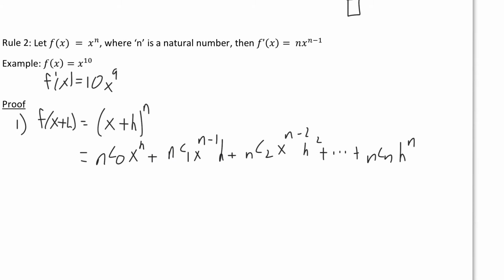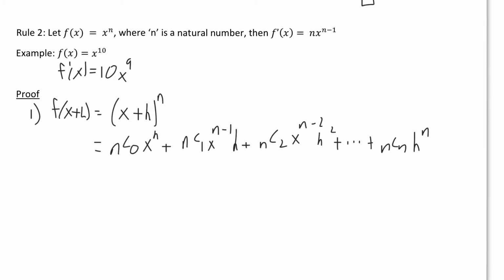Again, the rule is you write these coefficients, nC0, nC1, nC2, as the coefficients. They come from Pascal's triangle. Then the powers of x go down, so they're x to the n minus 1, x to the n minus 2. And in concert, the powers of h go up. So there's an h to the 0 missing here, h to the 1, h to the 2, all the way to h to the n.